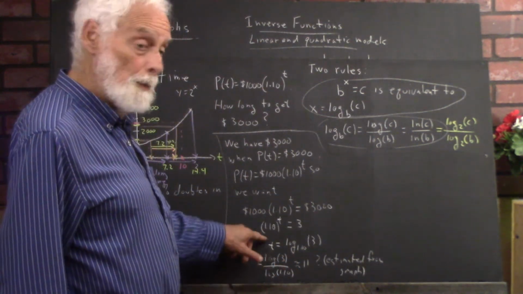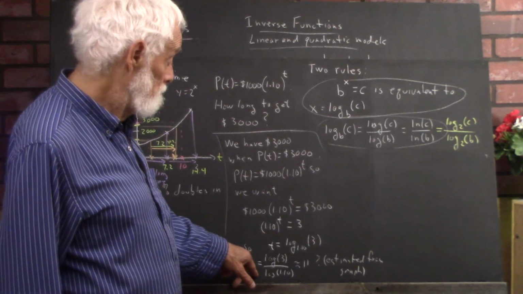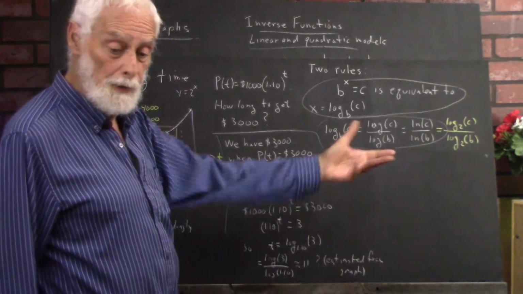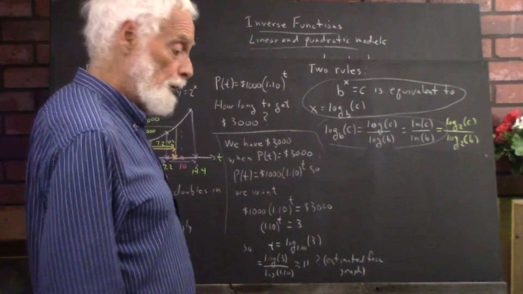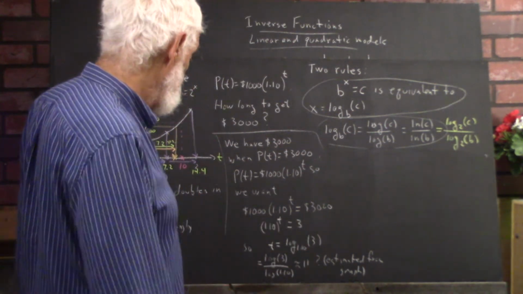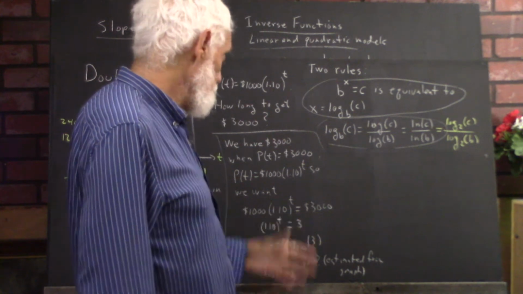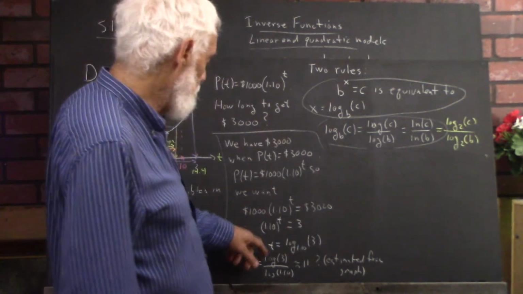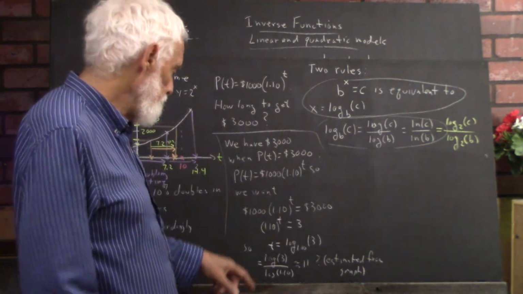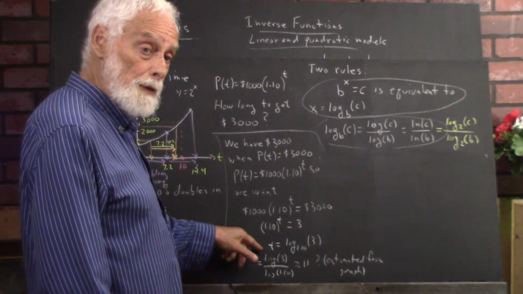You're going to get a more exact result, and you can round it down to the day if you want to. You round it down to the second. But it's going to be in years, so you've got to convert years to seconds and all that stuff. Okay, but that's the process.